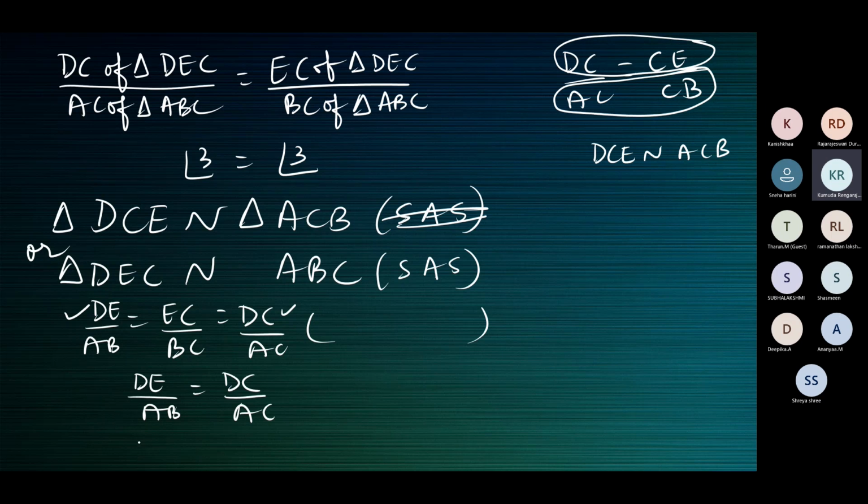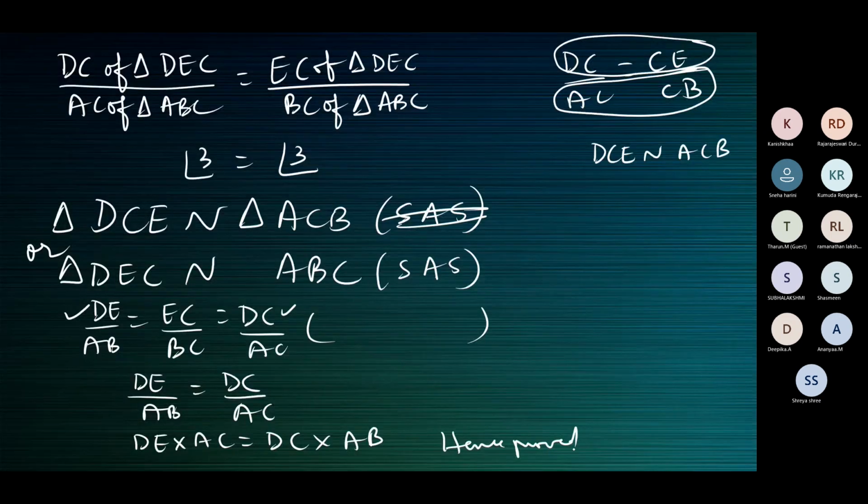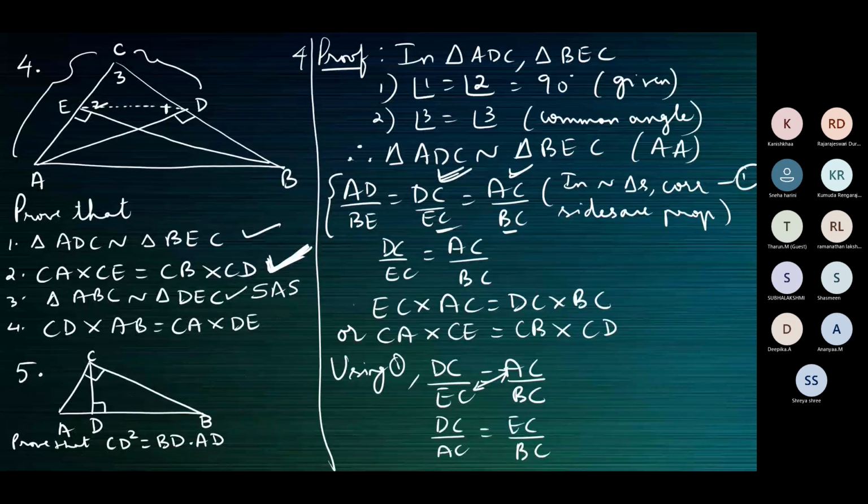On cross multiplying, you get DE into AC. Yes, children, please write down.